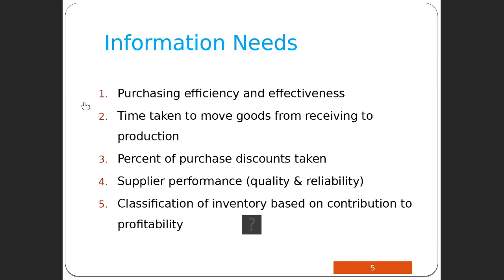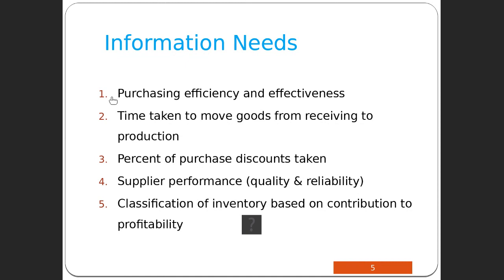Now, the next slide is a list of information in the expenditure cycle that we need to manage the expenditure cycle properly, efficiently and effectively. So we need to know this information.